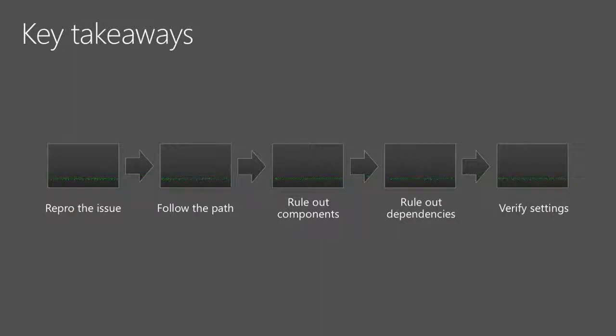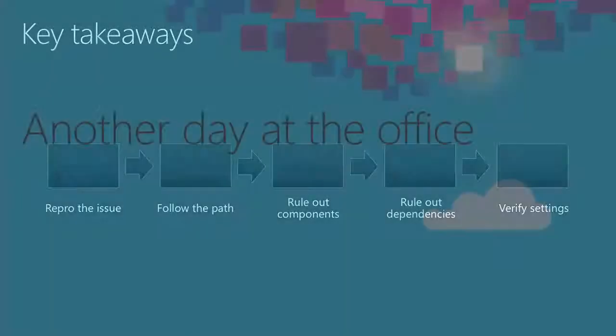Rule out components, so firewalls, certificates, DNS, GPOs, whatever. Rule out the dependencies that it's relying on, so that the DNS issue, for instance, we saw, and verify your settings. There's a lot of documentation out there which describes how to install it properly. Just verify if you actually did it, or is there a GPO overruling a setting that you've done.